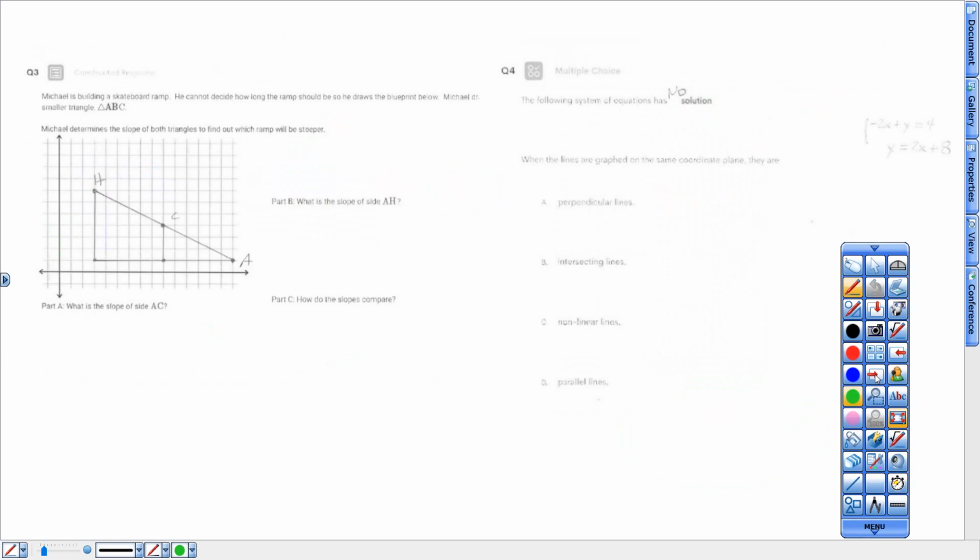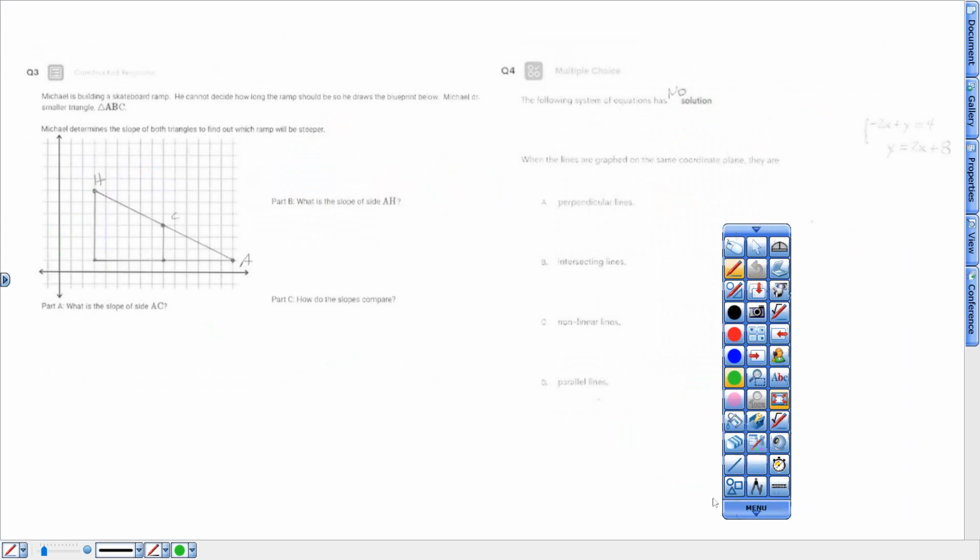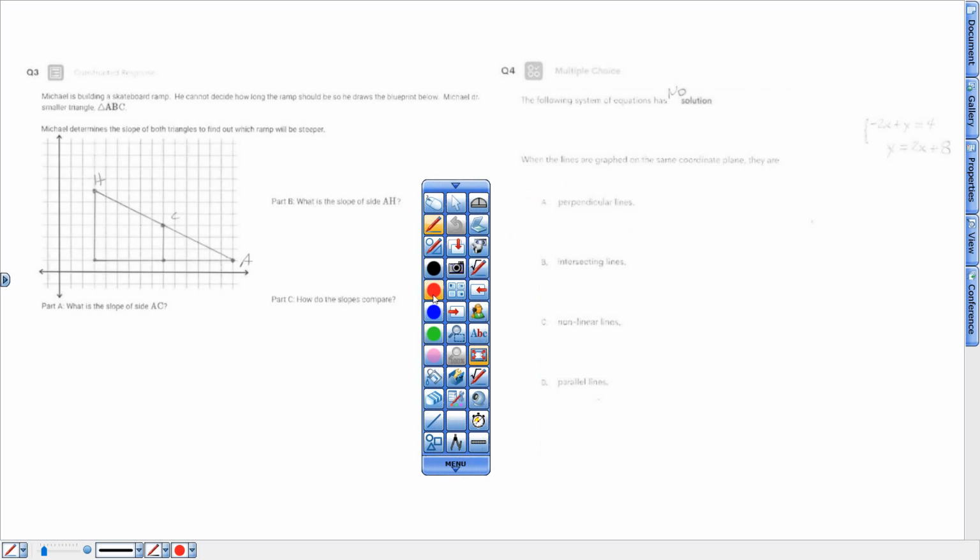All right, moving on. Finding the slope. So for this, I can see that this is going down 3. And then to the right, 1, 2, 3, 4, 5, 6. Right 6. So again, if I put that slope together between A and C there, that slope put together gives me -3 over 6.